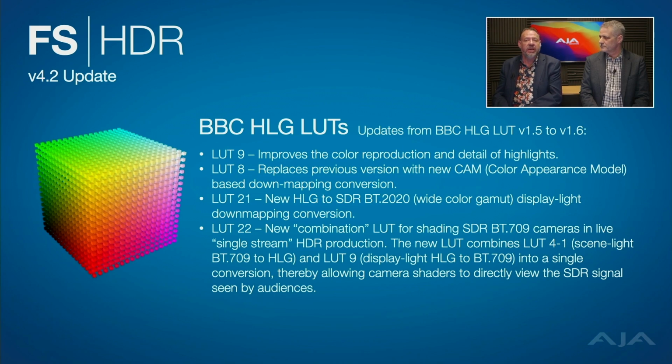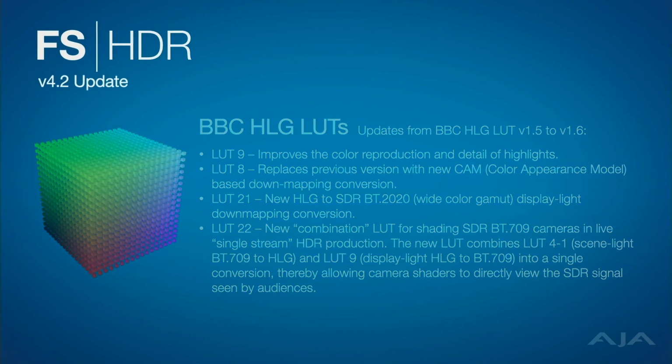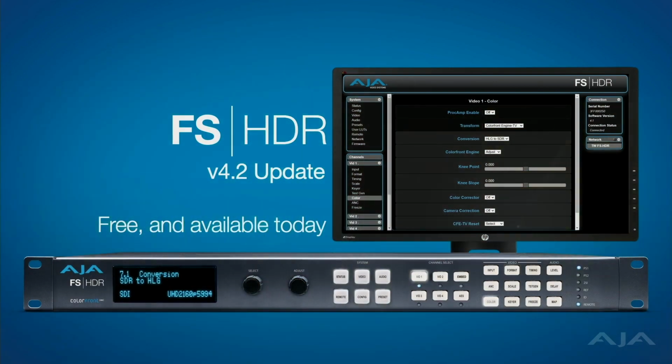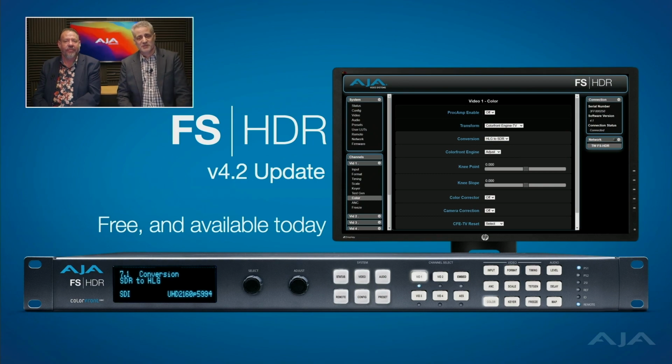So that's all recognized. Now you have ever more choices, and it's going to circulate better with things like the NBC LUTs as well, and just staying current with the BBC as they develop the LUTs. So the 4.2 update is a free update, and that's available now. For anyone with an FS-HDR, just go to AJA.com and download the latest package.